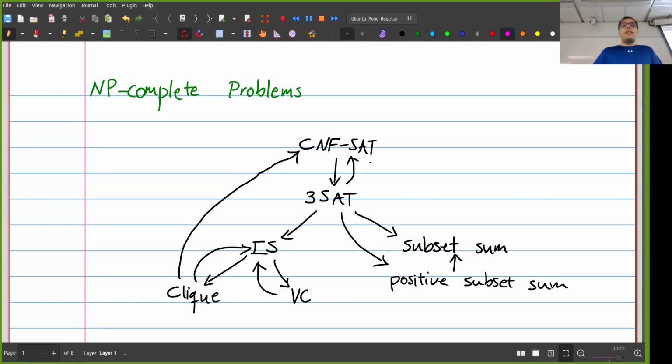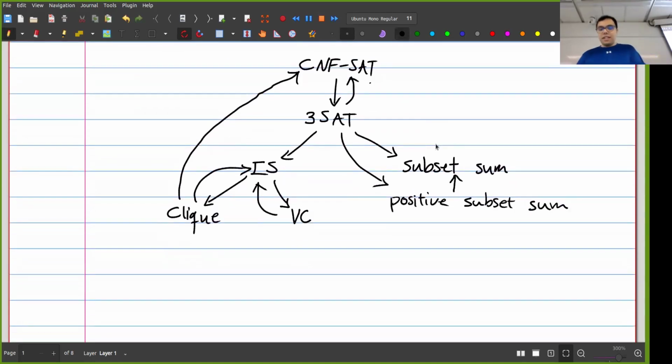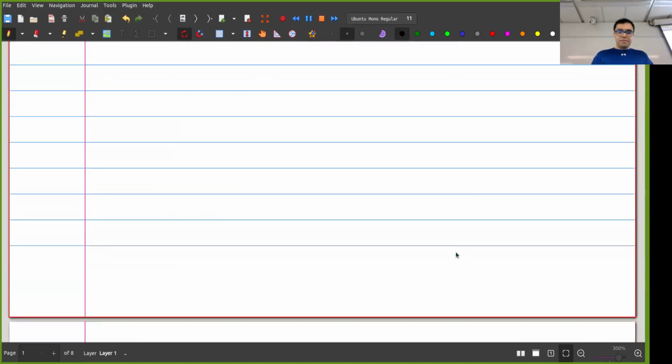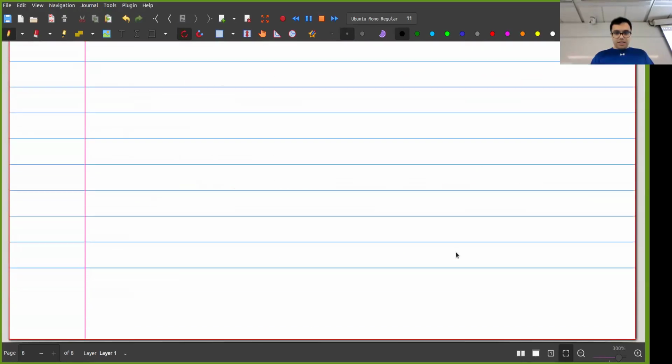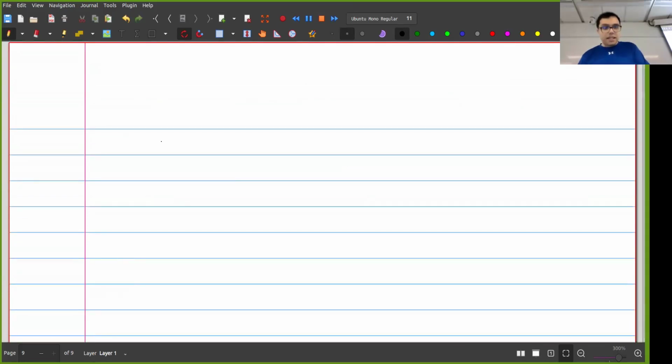But now the thing that I actually promised to you at the end of the previous session, I'm now going to take positive subset sum, and I'm going to reduce this to knapsack. And actually, I'm going to reduce it to 0, 1 knapsack. What is 0, 1 knapsack?